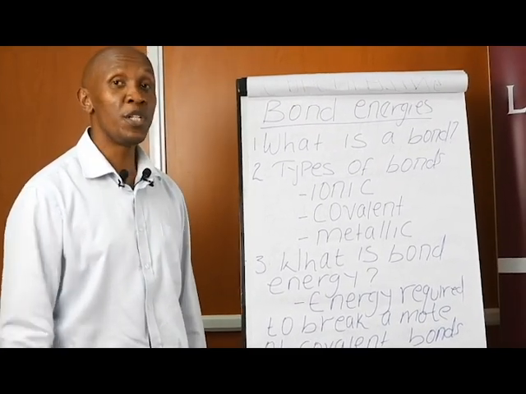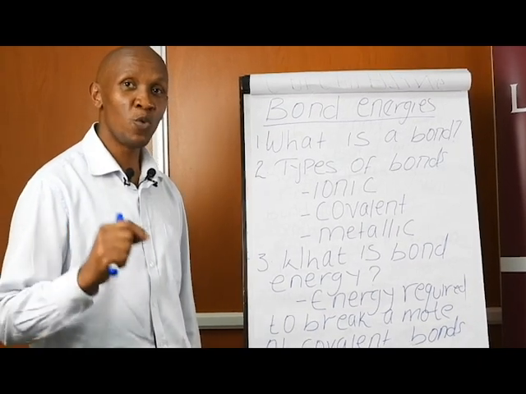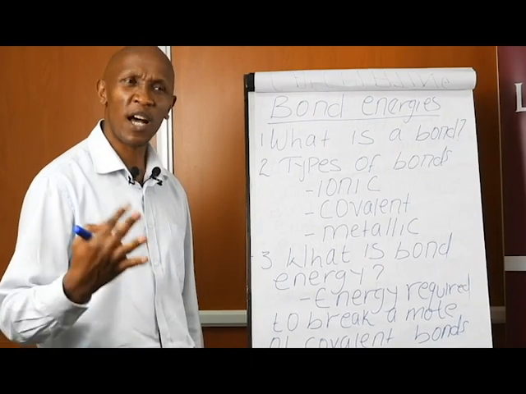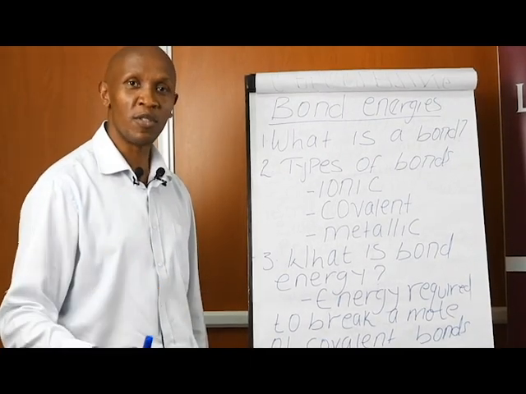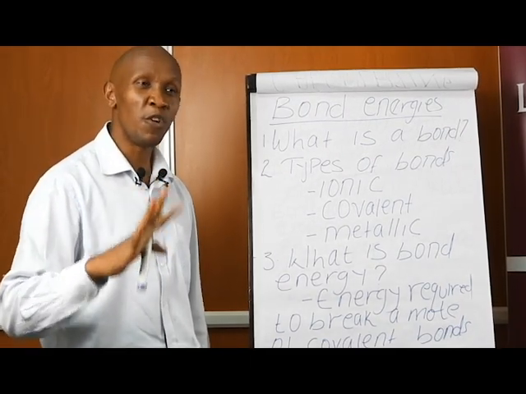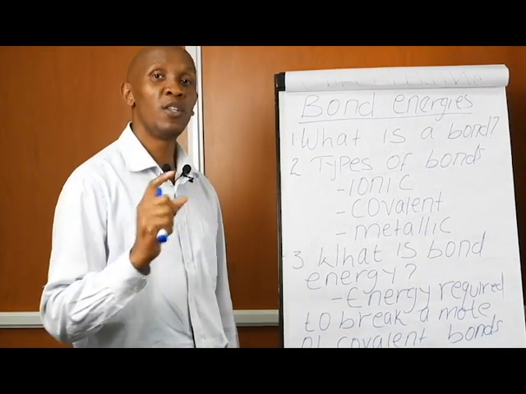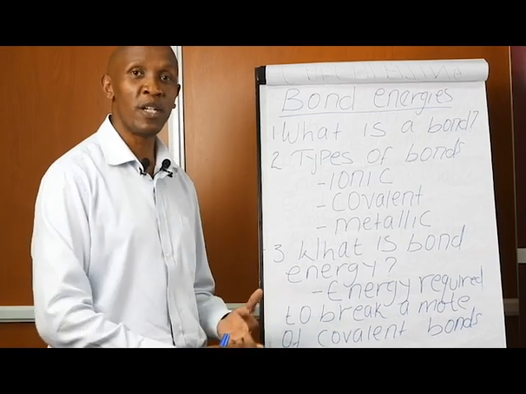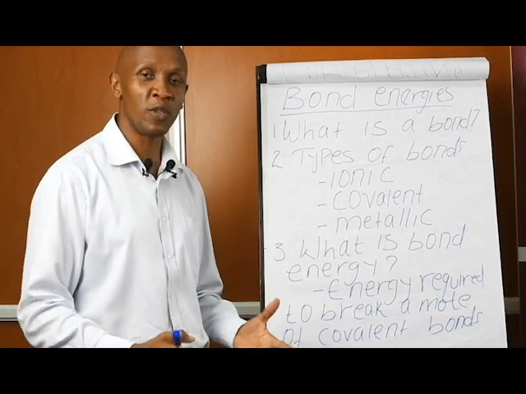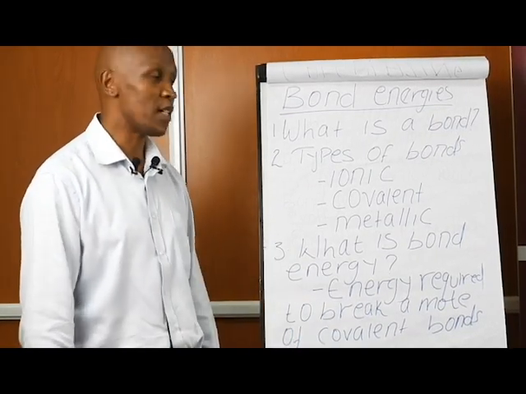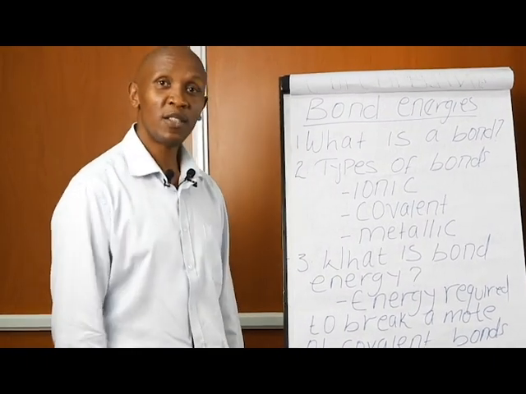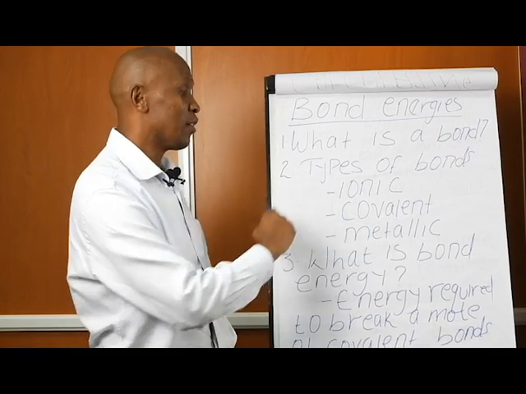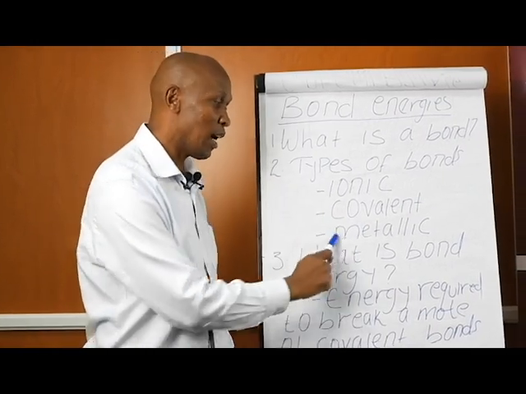So we shall be interested in that which holds chemical substances, atoms, ions, molecules, the force of attraction between those particular particles. How are they joined together to form chemical substances? From our Form 2 work, we know that we have three types of bond: ionic bonds, covalent bonds, and metallic bonds.